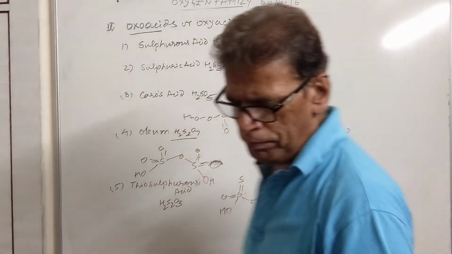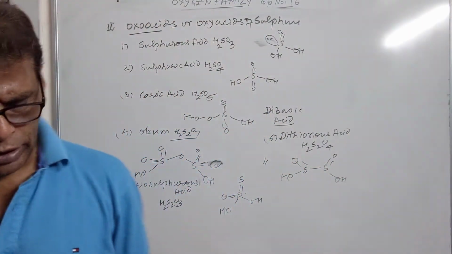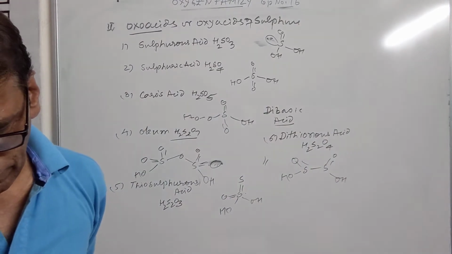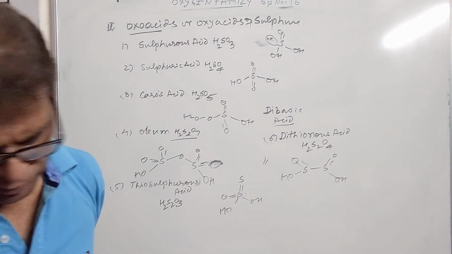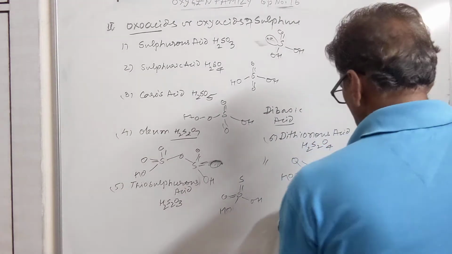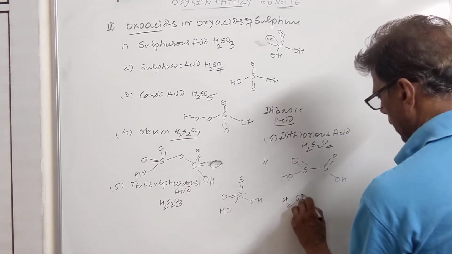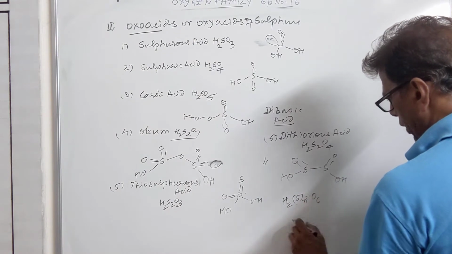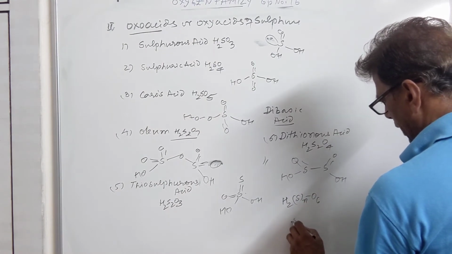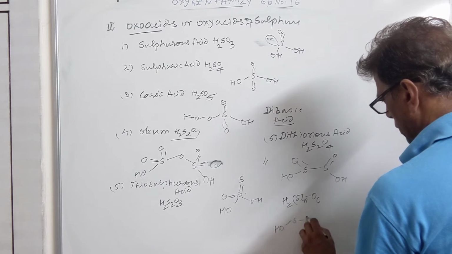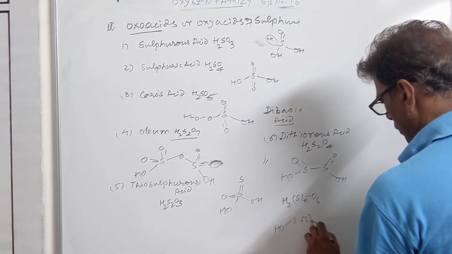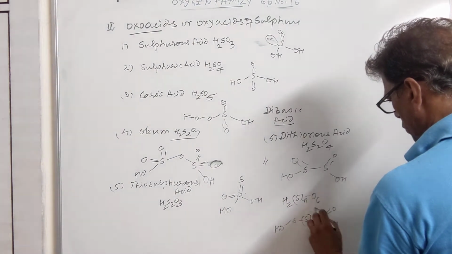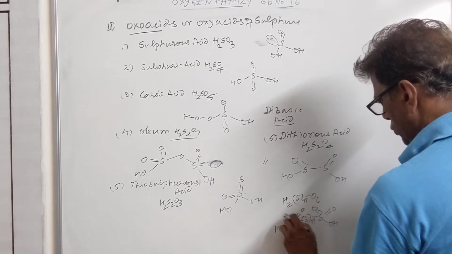This is also a dibasic acid. Then we have polythionic acid, which has 6 oxygen and 2 hydrogen, H2SnO6, with sulfur in catenated form. So we have S, OH, Sn, S, OH, 2 oxygen joined by double bonds.